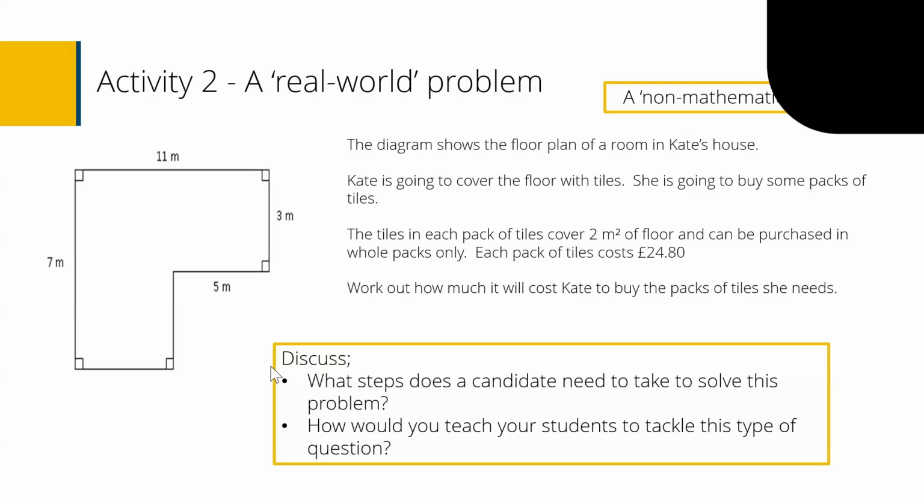Use directed numbers in practical situations. 1.1e, use the 4 rules of addition, subtraction, multiplication, and division. And then you also have calculations using standard units as well. So those are the areas that they chose to use when putting this question together.